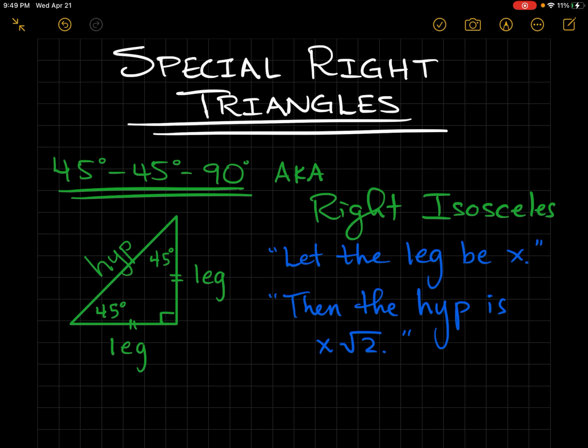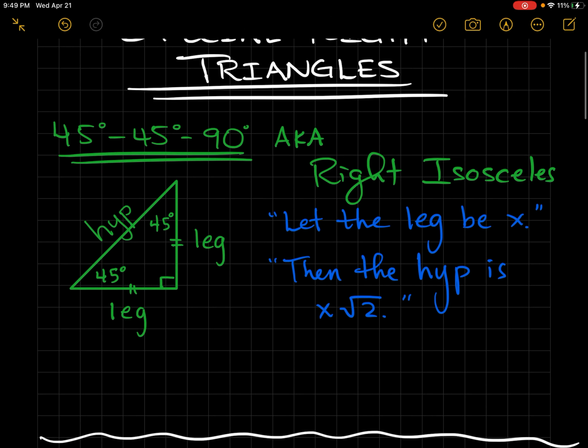It's also known as a right isosceles triangle because it has two congruent sides, and both of the congruent sides are the legs, and remember the longest side opposite the right angle is the hypotenuse.